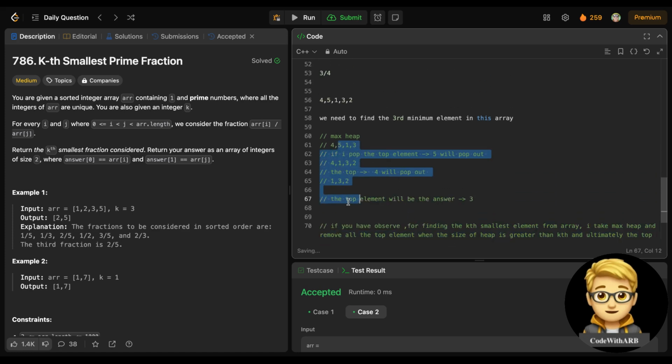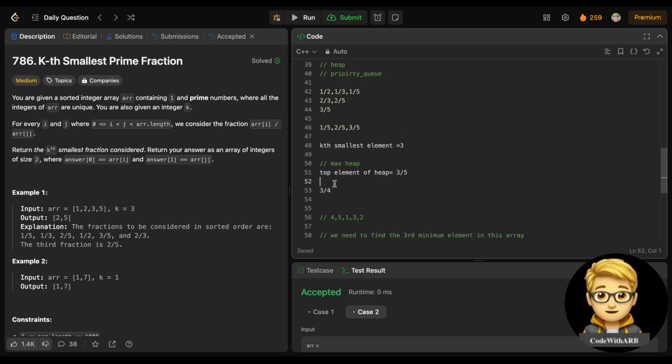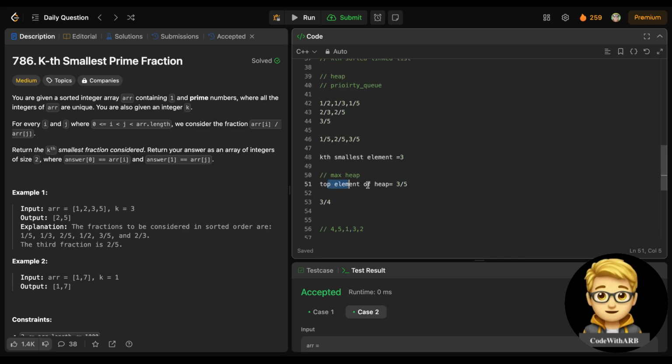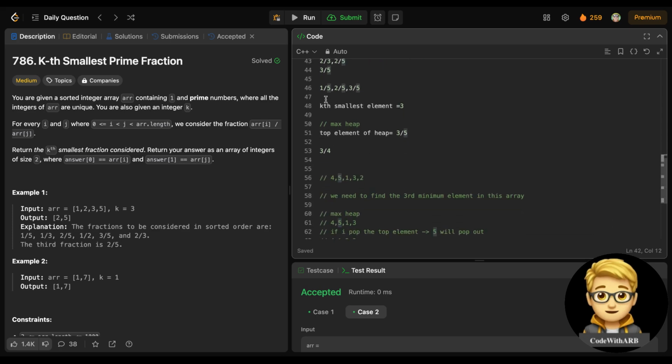The same approach will be applied to this fraction value also, right? In this, we are storing all the first elements by dividing 1 by 5, 2 by 5, 3 by 5.